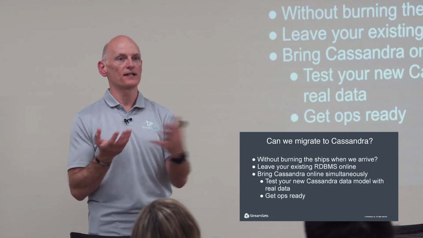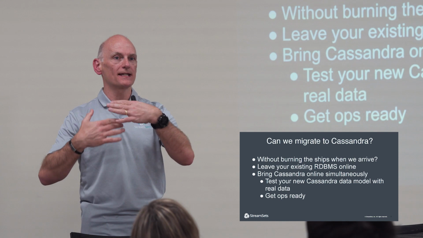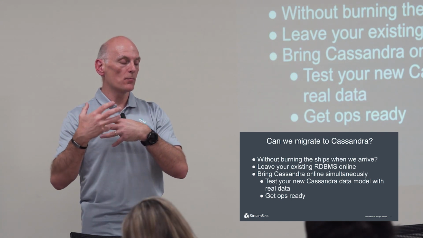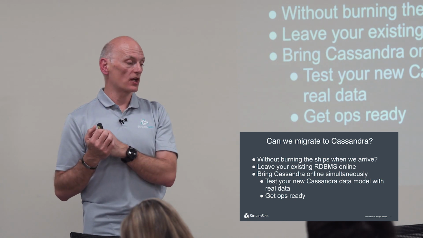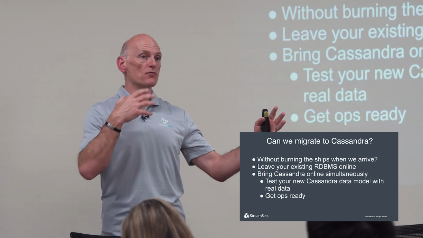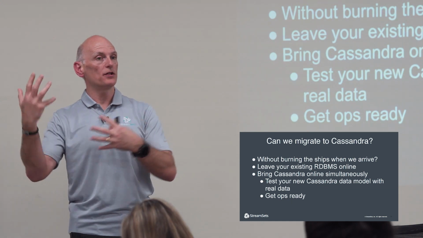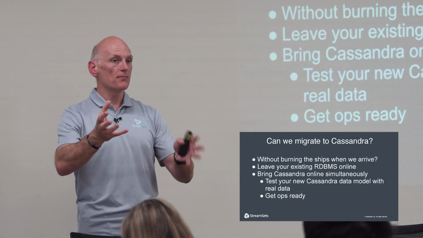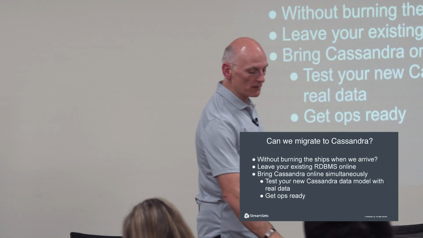We want to leave that existing database online and have two systems running simultaneously, and more importantly, have them be consistent with each other. So you can maybe run your existing application, port the data across, build your new application, test them, make sure the outputs are the same, and get all your operations ready for the big switchover.